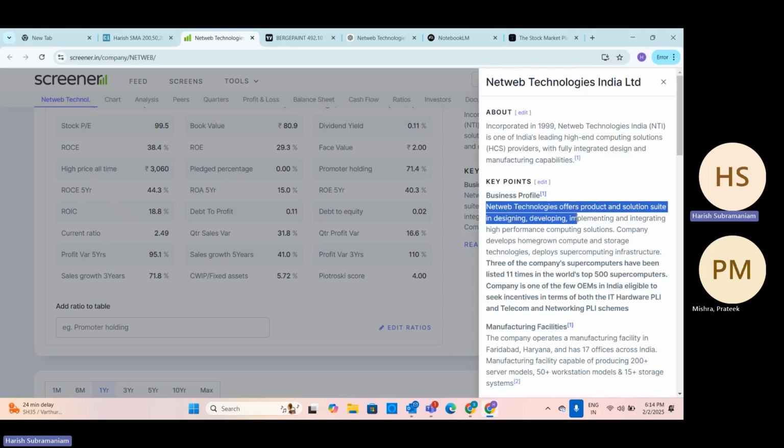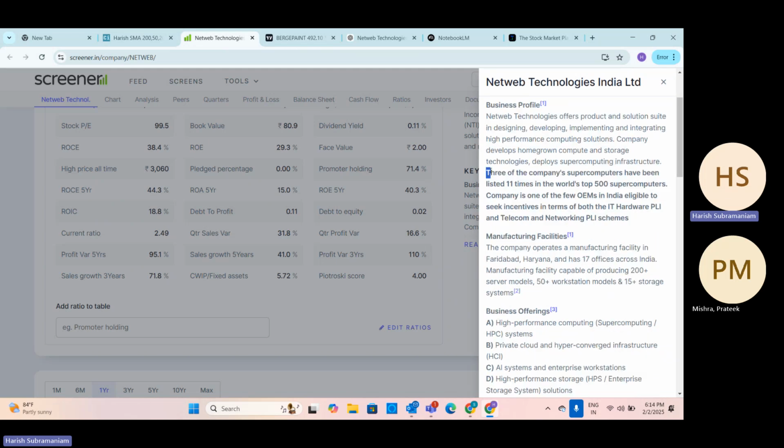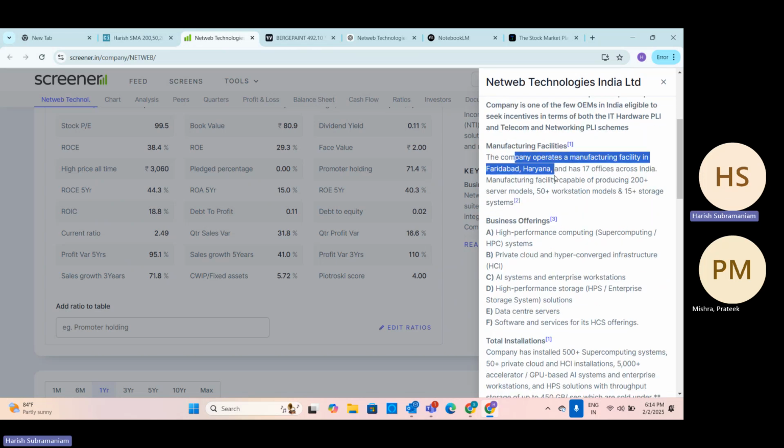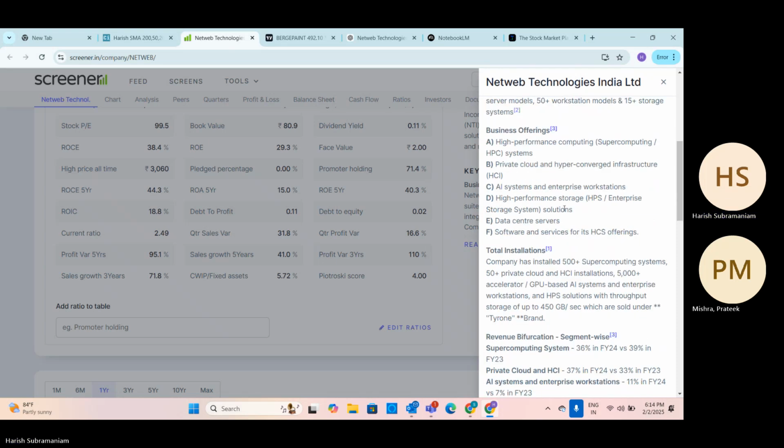This offers a product and solution suite in designing, developing, and implementing high performance computing solutions. Three of the company's supercomputers have been listed. So this company basically makes a lot of high quality supercomputers. It has some manufacturing in Faridabad and it offers high performance computing and private cloud.